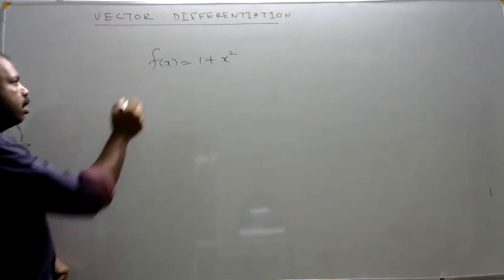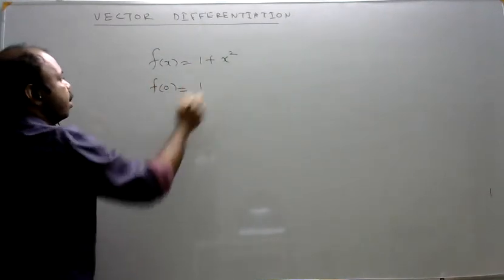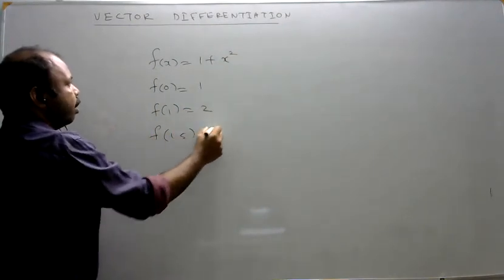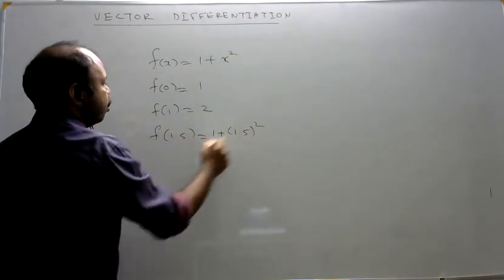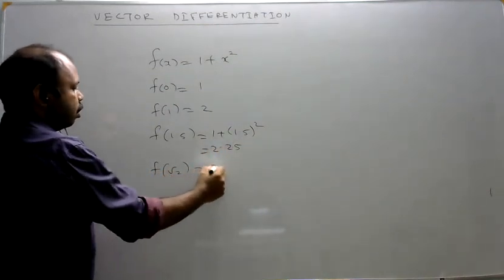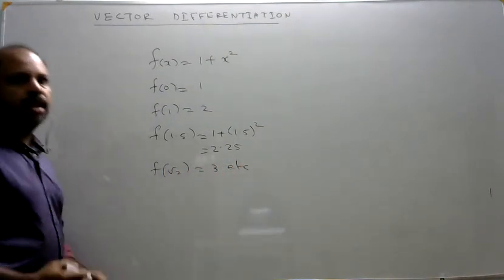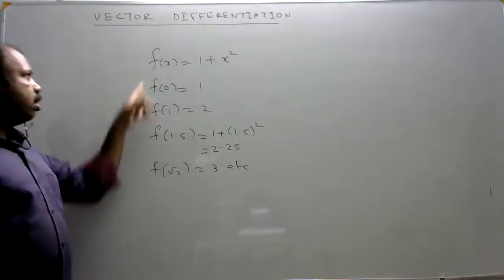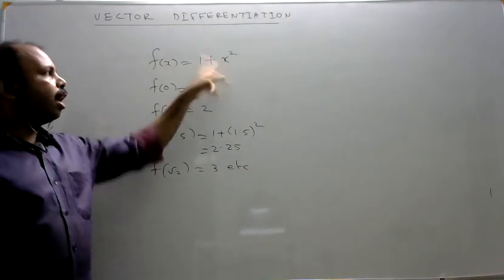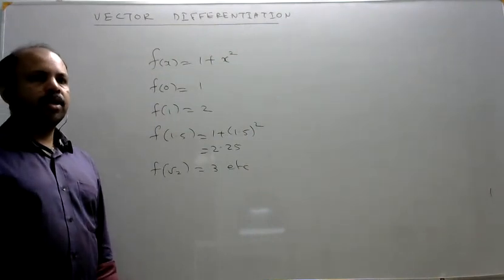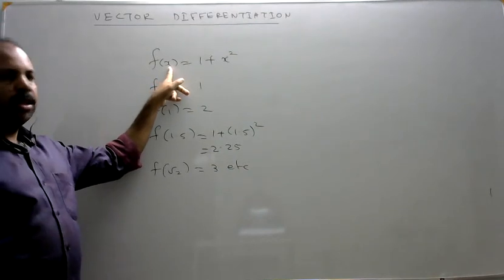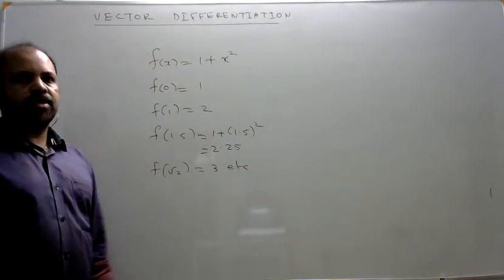In particular, f of 0 equal to 1, f of 1 equal to 2, f of 1.5 equal to 1 plus 1.5 the whole square, it is 2.25, f of root 2 equal to 3, etc. That is, given a real number x, f gives a real number 1 plus x square. In other words, corresponding to each real number x, we get a real number 1 plus x square.